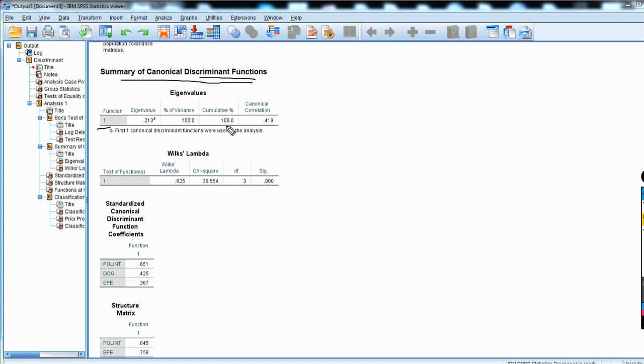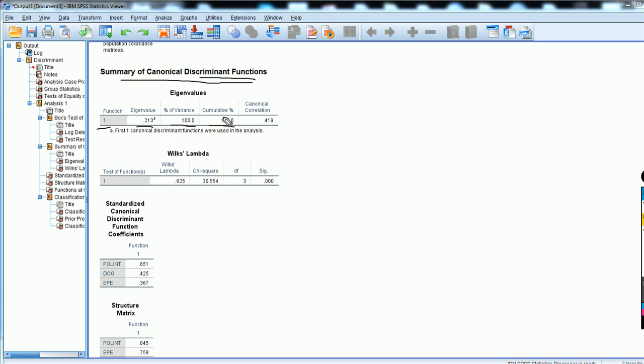When we look at this part of our table right here, we'll see that we have function 1. There's only one linear combination that can produce group separation with respect to the predictor variables. The eigenvalue is basically a variance estimate, and then we have percentage of variance and cumulative percentage of variance.